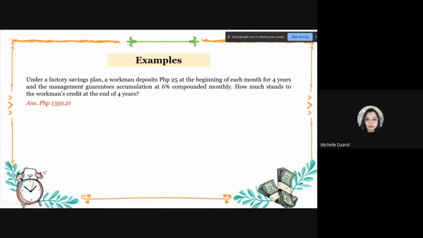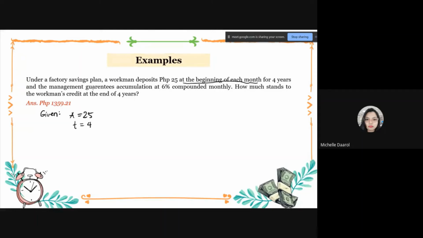Let's write the given first. He deposits 25 pesos at the beginning of each month, so this is an annuity due. And the time is 4 years.